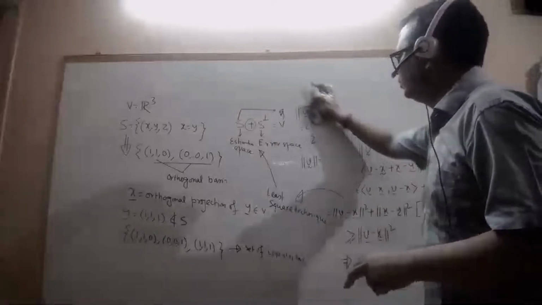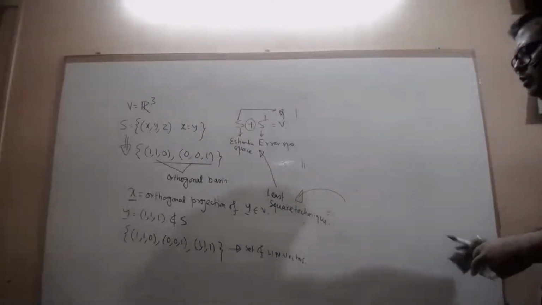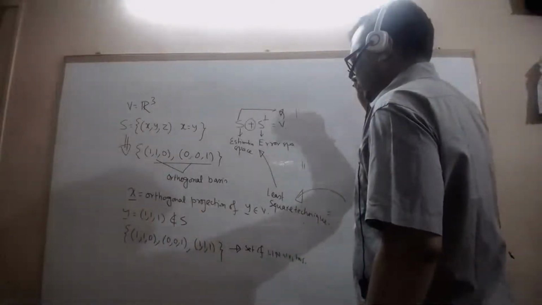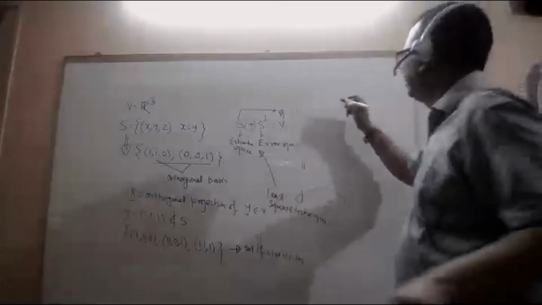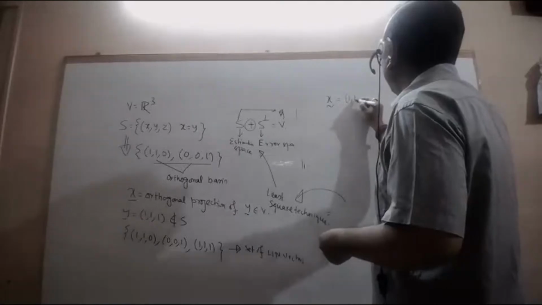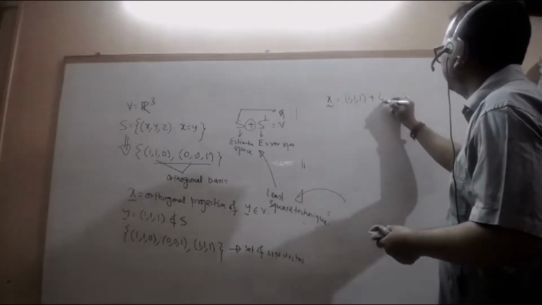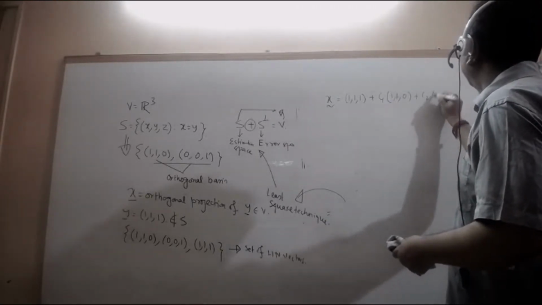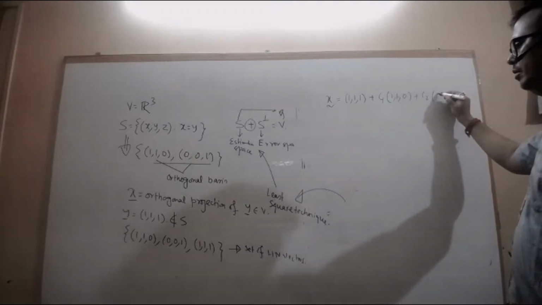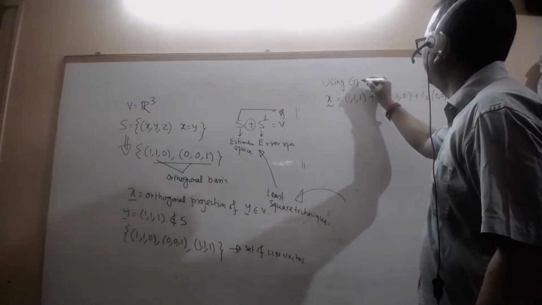So now, I want to find x-cap, written as a linear combination of these three vectors, using the Gram-Schmidt orthogonalization technique.